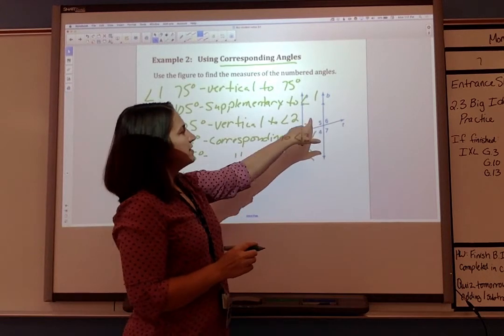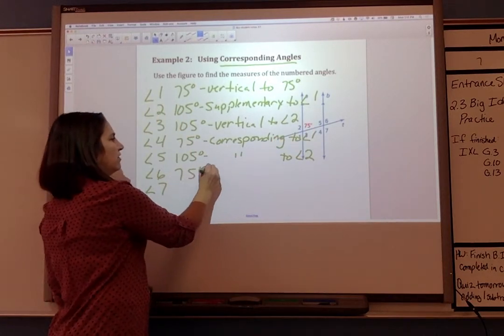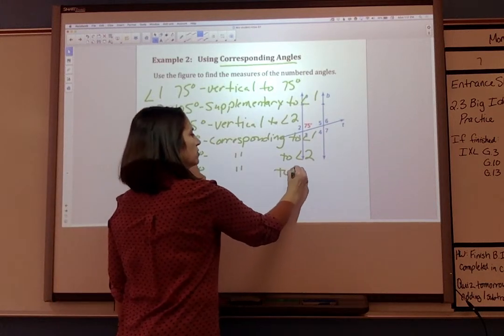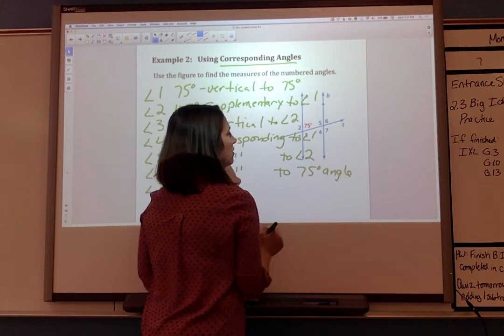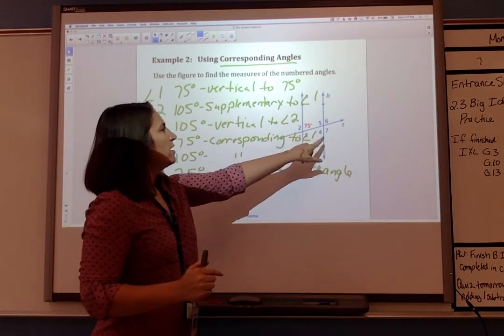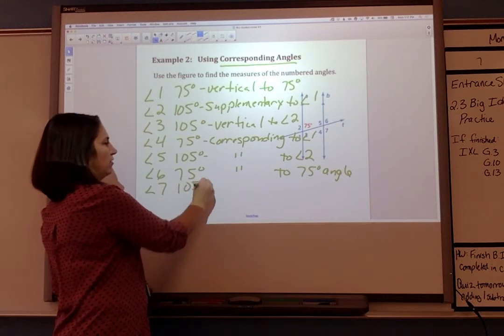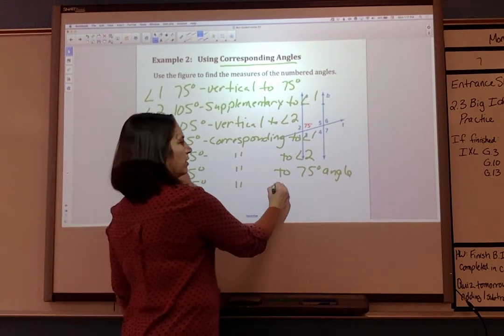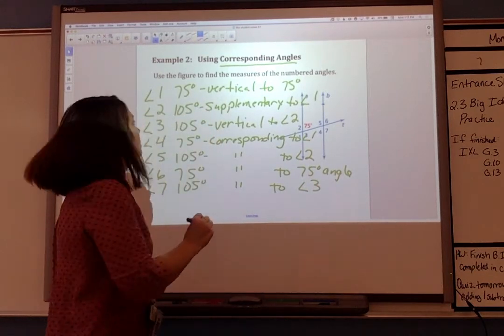Angle 6 and the 75 degree angle are corresponding, so that one must be 75 degrees, corresponding to the 75 degree angle. And 7 and 3 are corresponding, so therefore angle 7 must be 105 degrees. It's corresponding to angle 3.